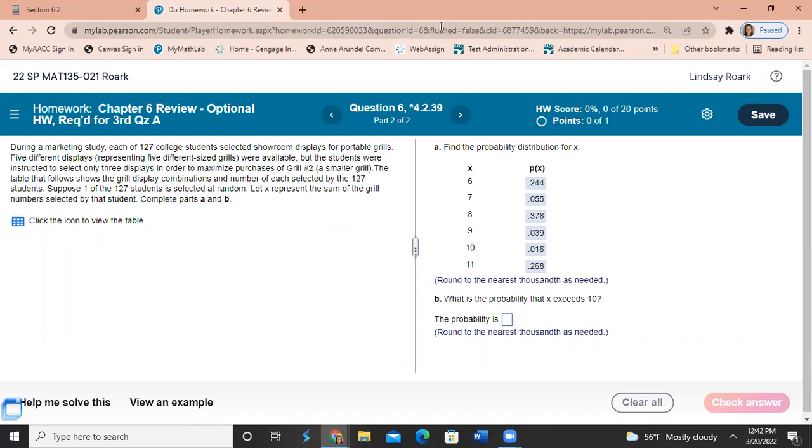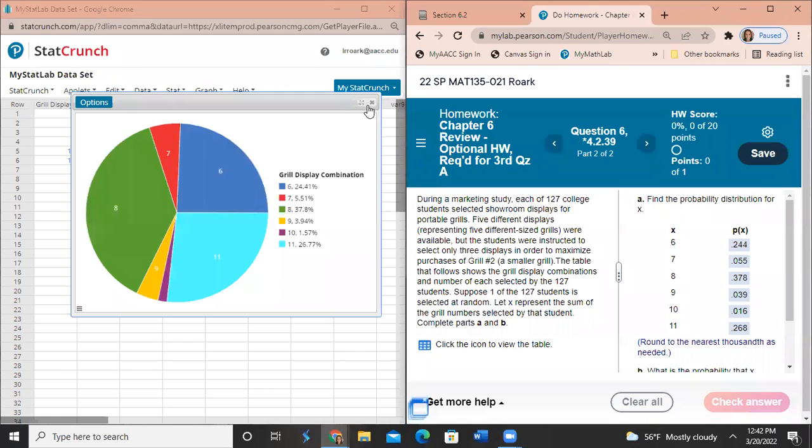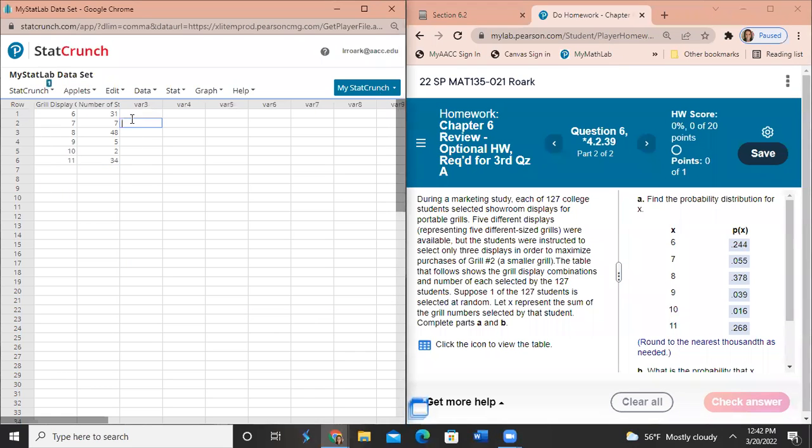Okay, then they say, what's the probability that X exceeds 10? From here, there are a few different ways to get to this part. We saw only one question sort of like this, where they didn't give you the probabilities. You had to first make the probability distribution table and then answer the questions about it. But again, not only do we have to do that, but it's worded very weird.